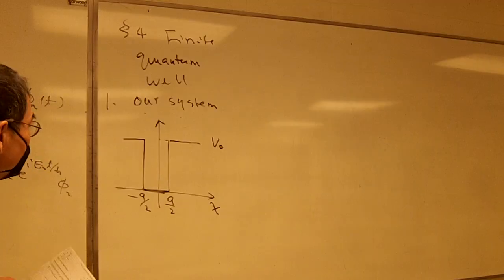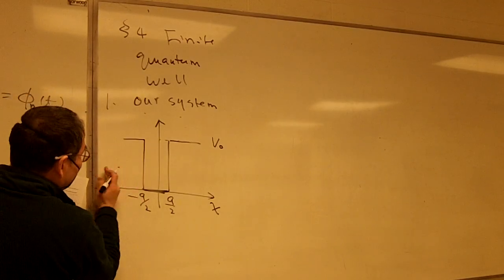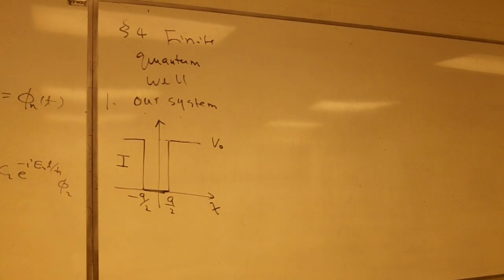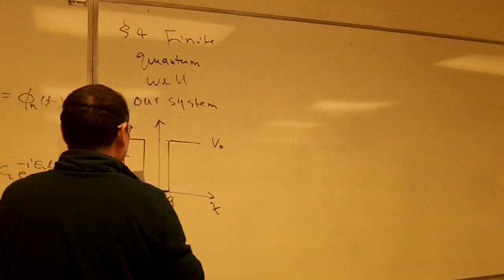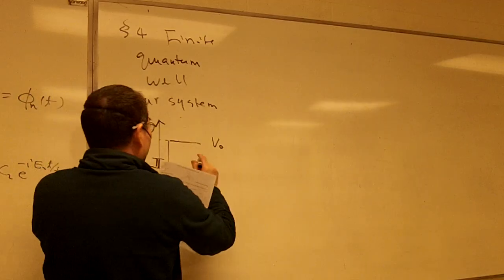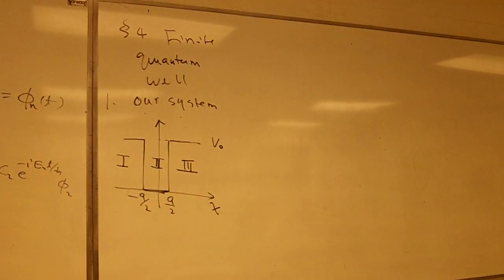I'm going to label these different places. The region on the left I call region number 1. The well itself I call region number 2, and this part region number 3. We always stick with these labels, so that we know what we are talking about.